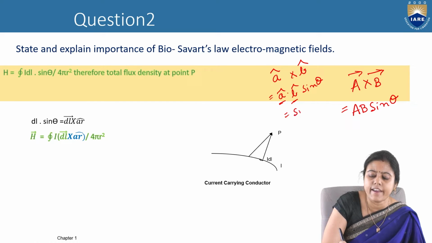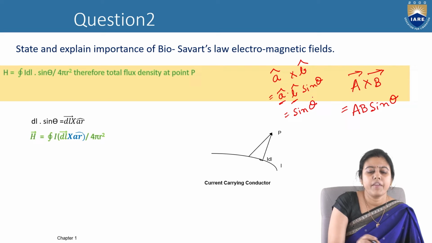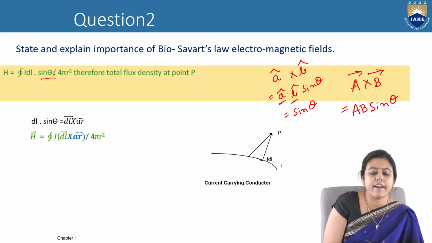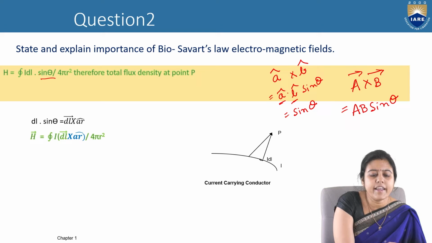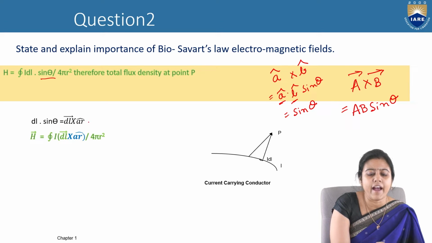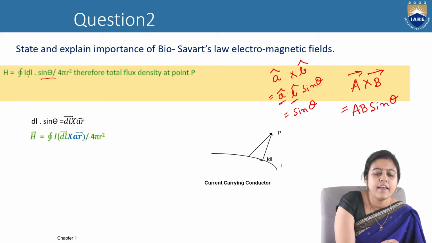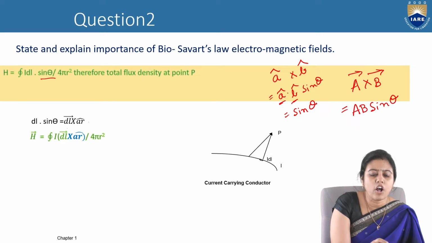So we can write sin theta, and here also we have one sin theta, so we can write it like DL cross AR. What is AR? AR is the direction of the radius. I is a scalar quantity, so we cannot include it in the cross product.